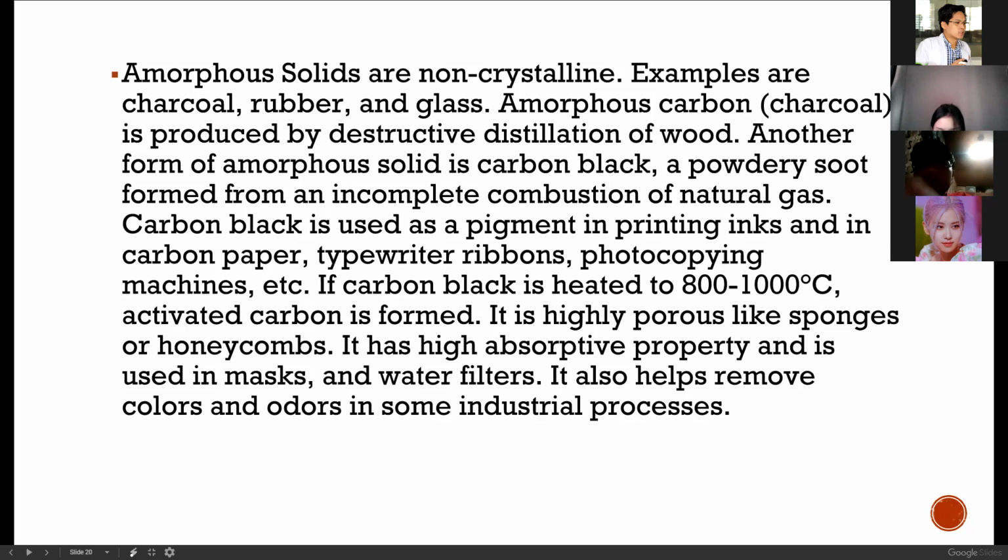It absorbs also some destructive viruses. That's why they usually use carbon black or activated carbons in your mask. Have you seen some masks with activated carbon, activated charcoals? Okay. Actually, that's one of the uses of those.